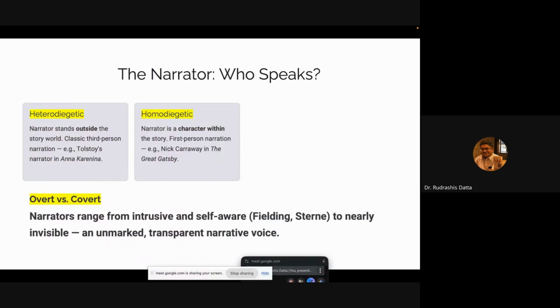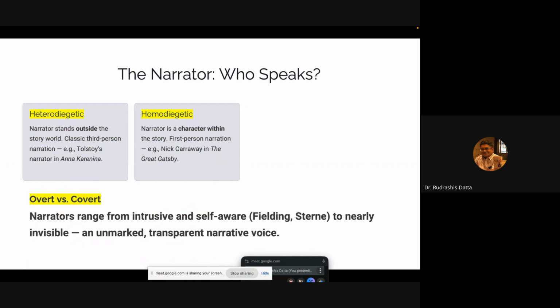So a possible question can come in narrative and narratology, as is how is the heterodiegetic narrator different from a homodiegetic narrator?